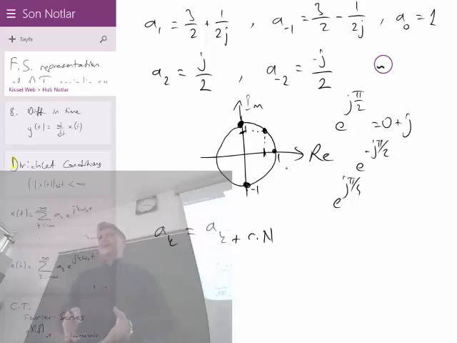We don't know the period N here, but if it is, for instance, 7, then a2 is equal to a9, and a_{-2} is equal to a5 as well. They are periodically repeating themselves. It's a very good idea to always put this expression afterwards as well, just to be complete.